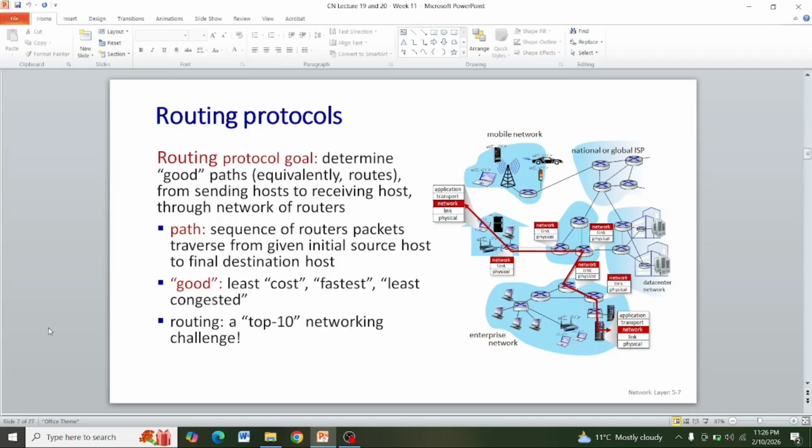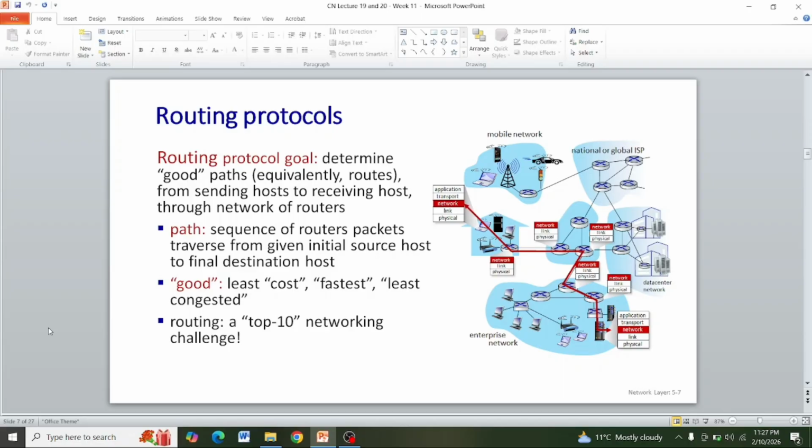Here we define the routing protocols. What is the goal of routing protocols? What are they meant for? Routing protocols determine a good path. Good path means good in terms of cost, in terms of speed, in terms of congestion. All these parameters actually define how good is the path. And the path itself is a sequence of routers packets traverse from given initial source to the final destination.